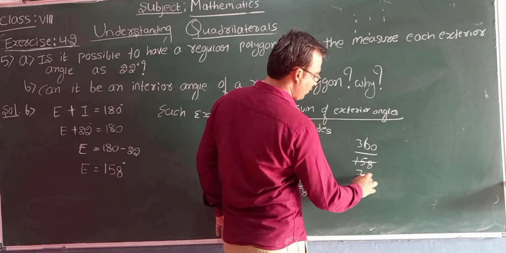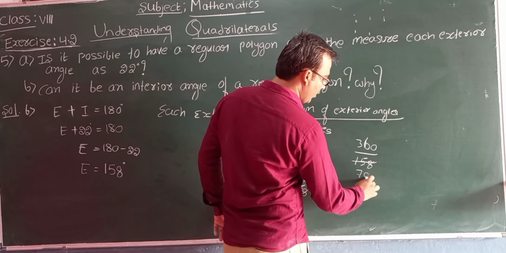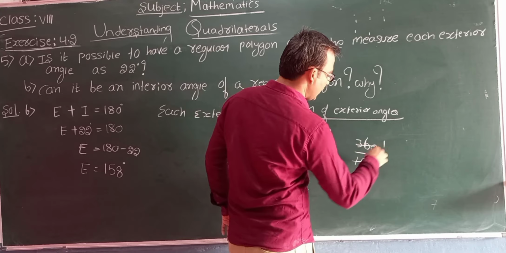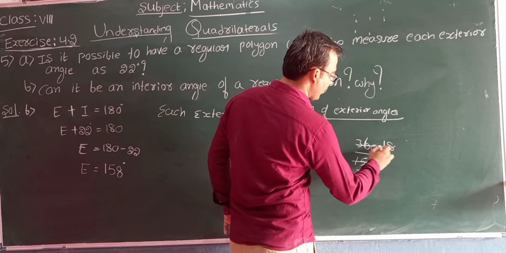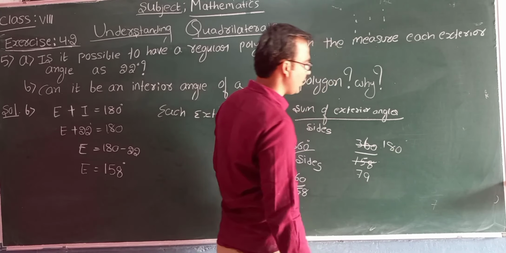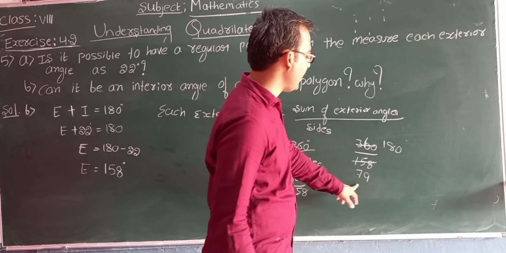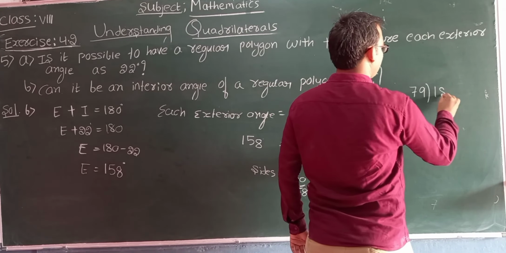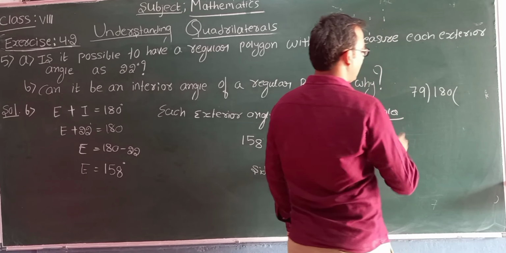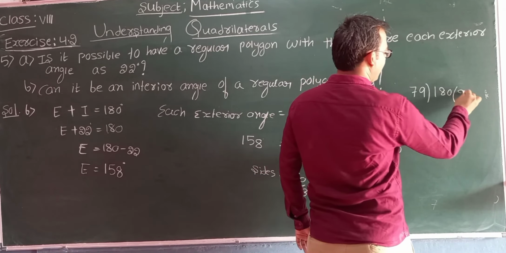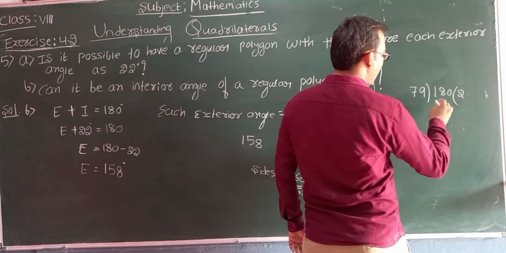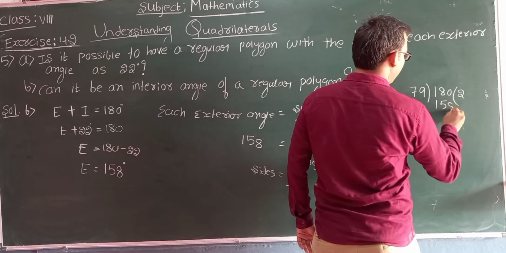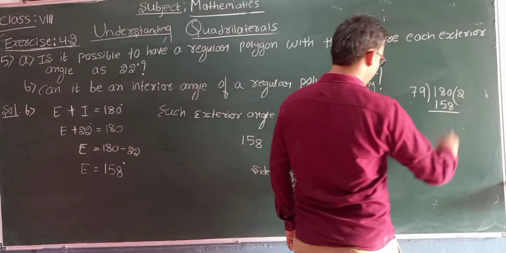So 2 7s are 14, carry 1, it will become 18, 2 9s are 18. So 2 1s are 2, 1 remains, 2 8s are 16, 0 cancel, 0. Okay, so here we have got 180 by 79. Now 79 2s are 158.